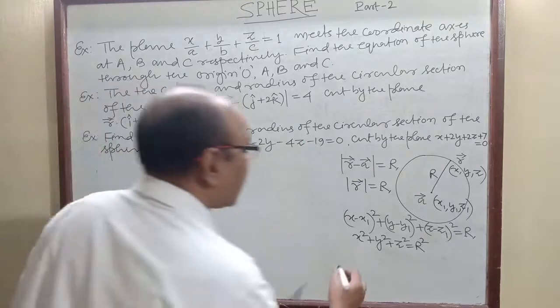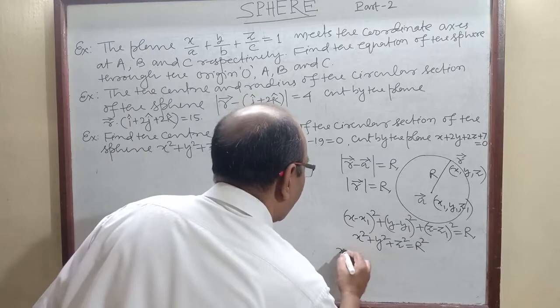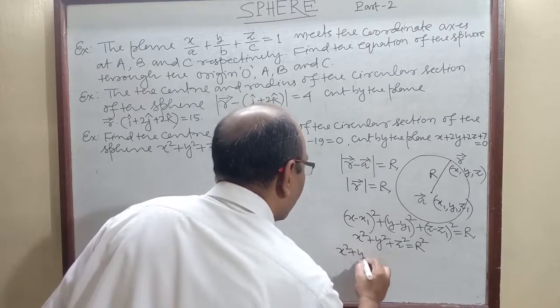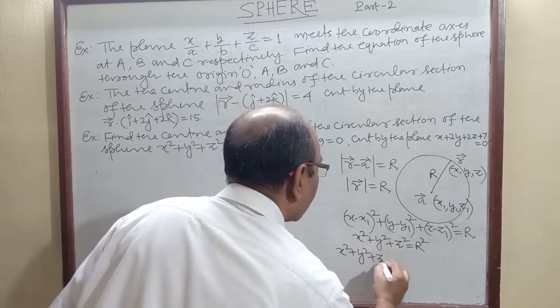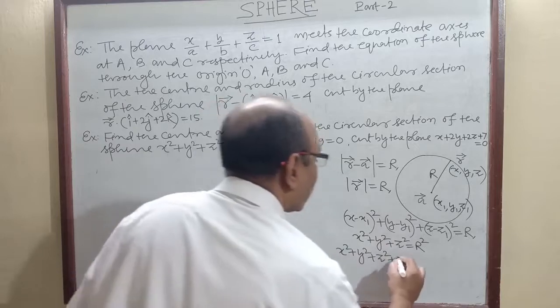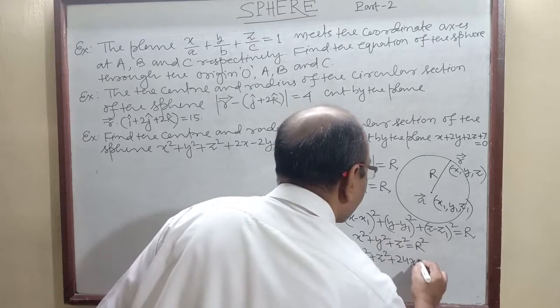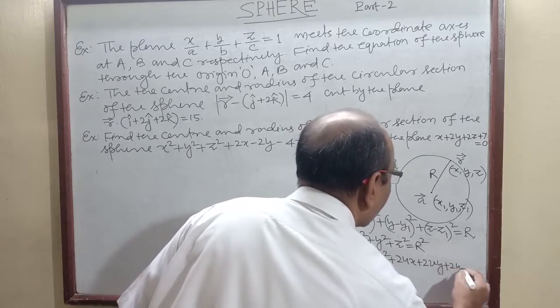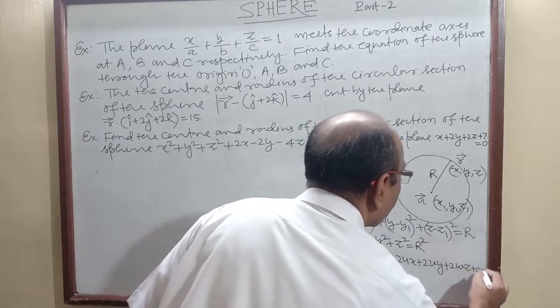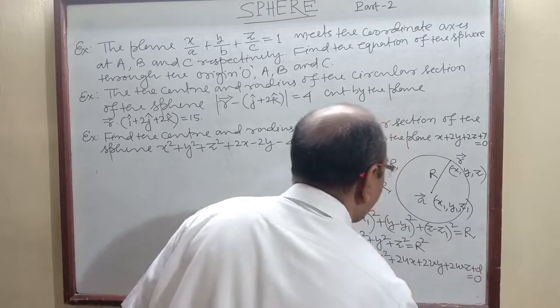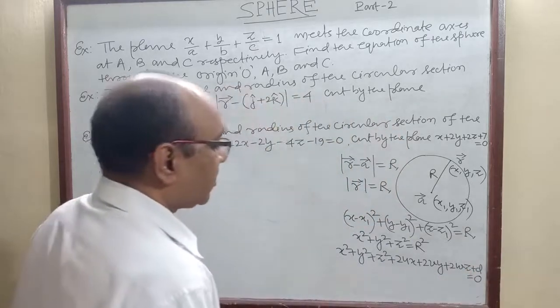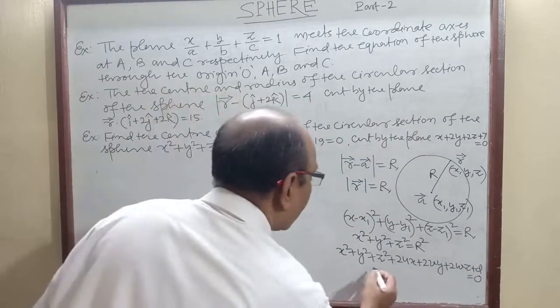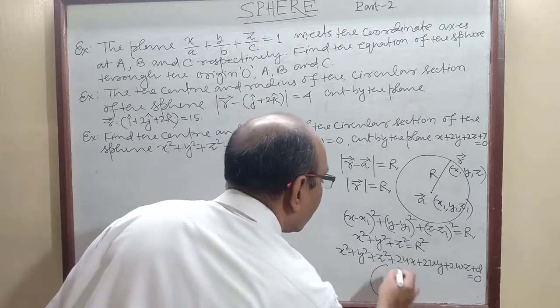And we have also read an equation of this type, x square plus y square plus z square plus 2ux plus 2vy plus 2wz plus d equal to 0. This type of equation always represents a sphere.